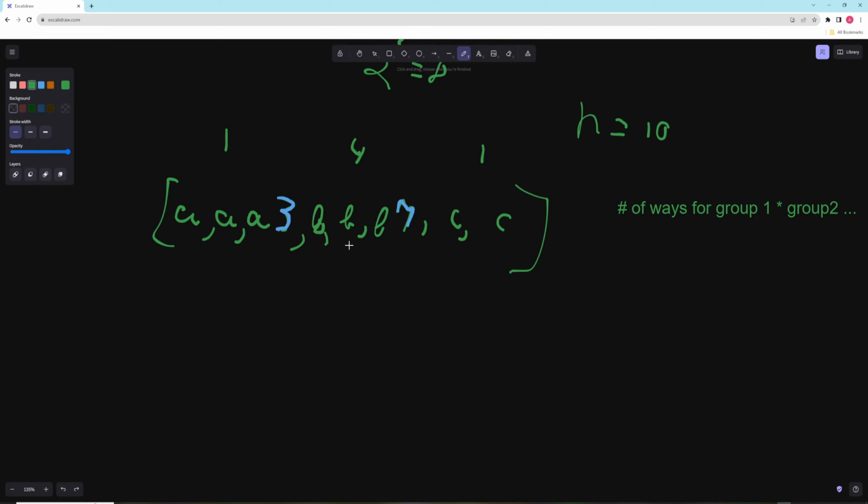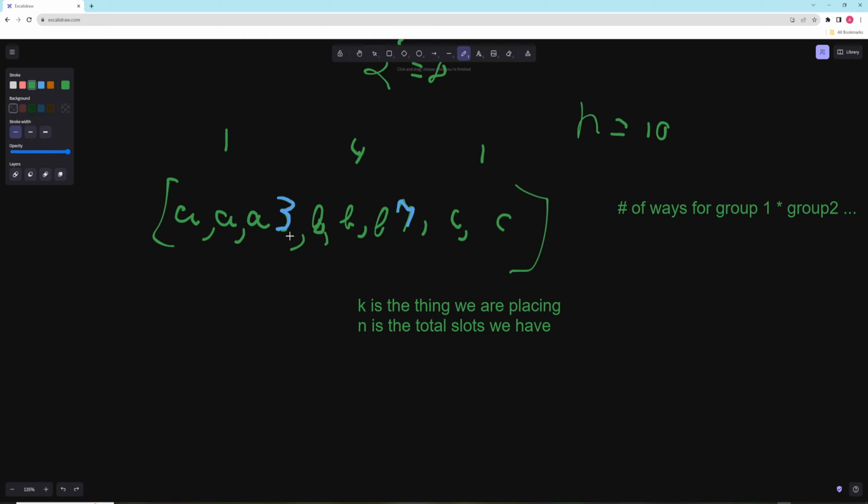So what we want to do first is try to place the B's. We don't need to place the A's because originally for the A's, there's only 3 slots, so there's only one thing you can do. But now we have to go one at a time for the groups. And we basically have to do this n choose k, where k is the thing we are placing, and n is the total slots we have.